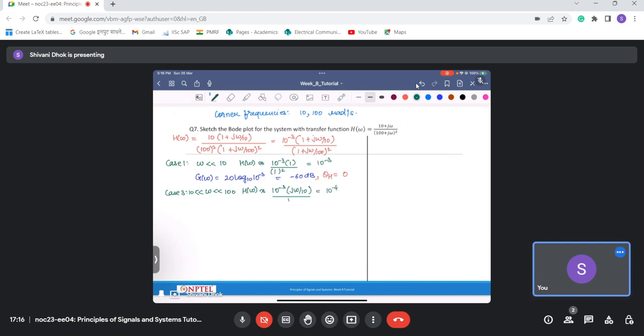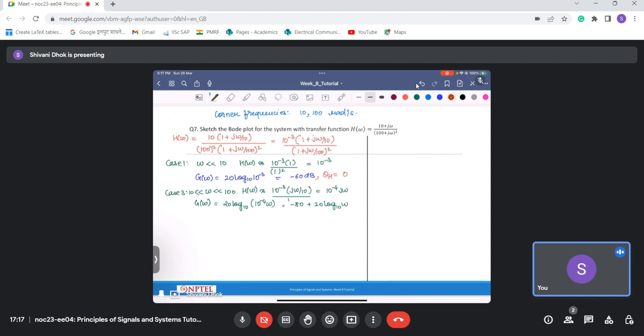So this is equal to 10⁻⁴ into jω. Therefore G(ω) comes out to be 20 log to the base 10 of 10⁻⁴ω, which I can write as minus 80 plus 20 log to the base 10 of ω.